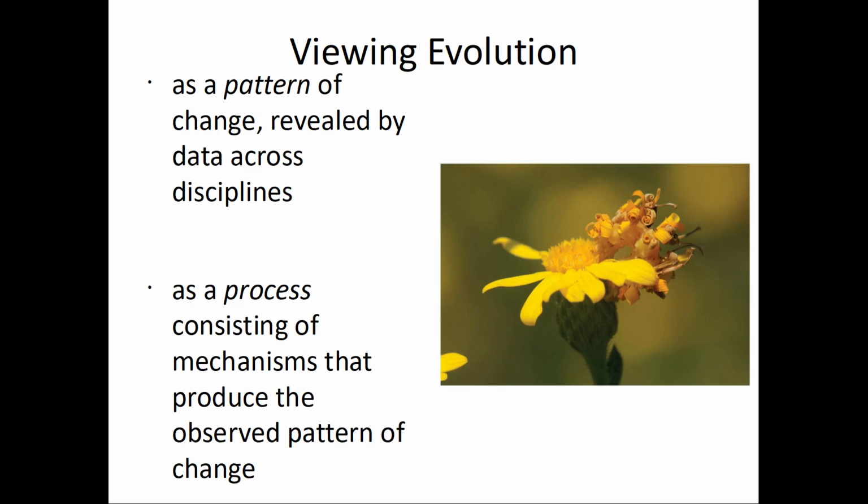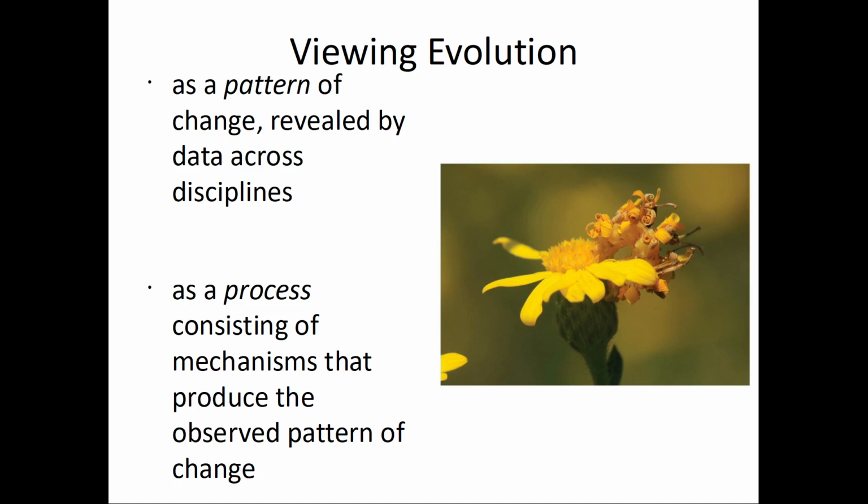All right, so some ideas here. Evolution is a pattern of change revealed by data across disciplines, looking at a lot of data from different areas of biology. It's a process consisting of mechanisms that produce the observed pattern of change.